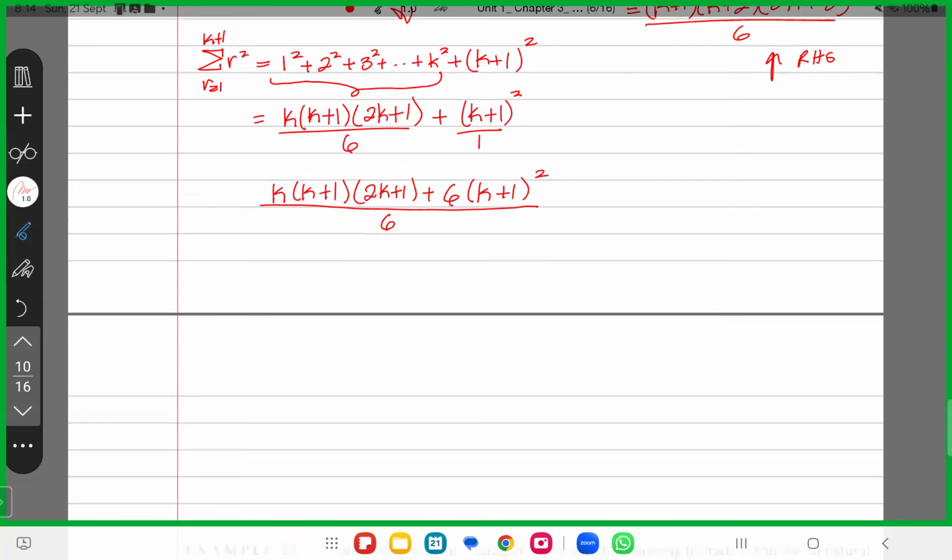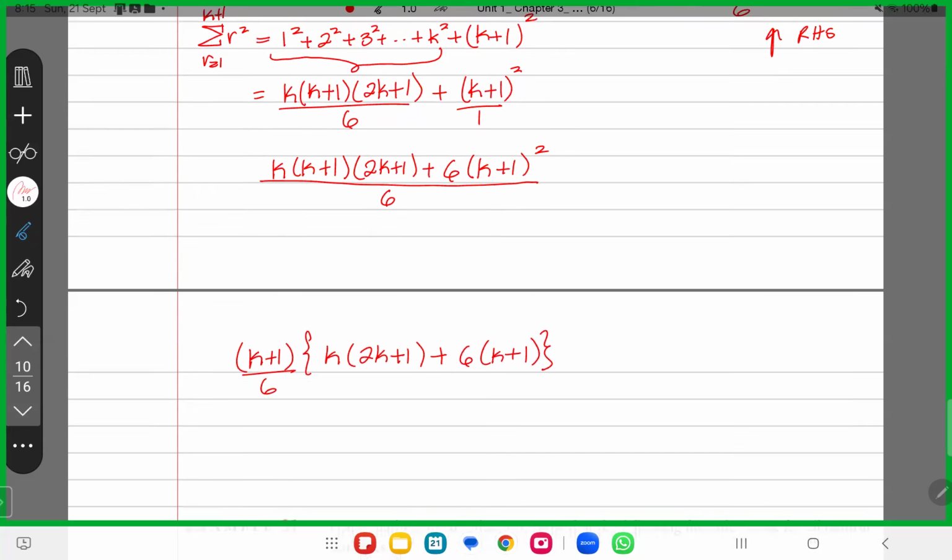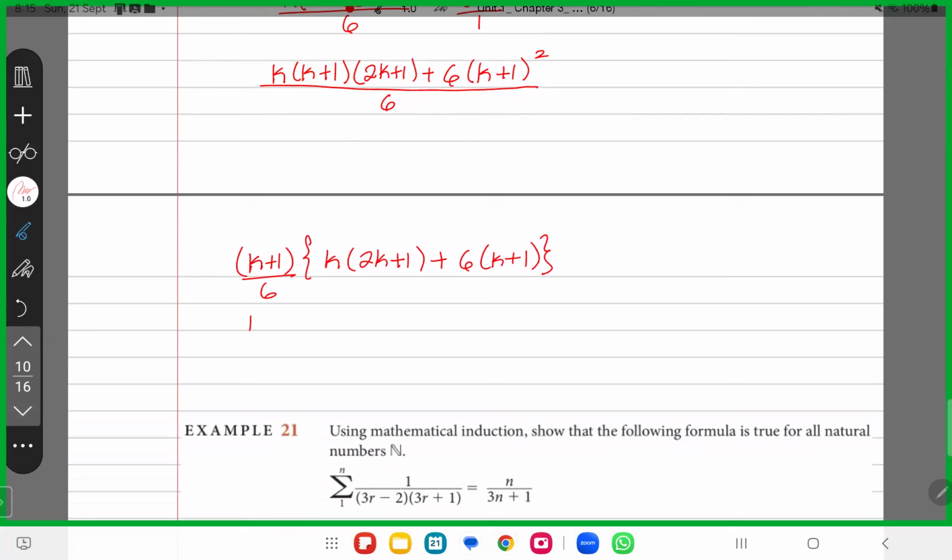Next, I'm going to factor out the common factor. The common factor is k+1. If I factor out k+1, I'm going to get (k+1). When I factor it out to the left, I'm going to be left with k(2k+1). When I factor out k+1 to the right, I'm going to get 6(k+1). And remember, this is still over 6. Now we have (k+1) over 6.